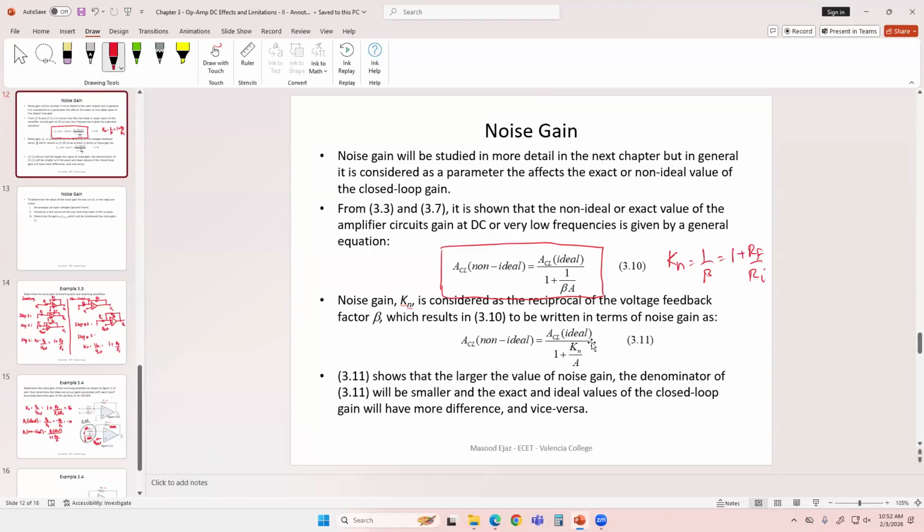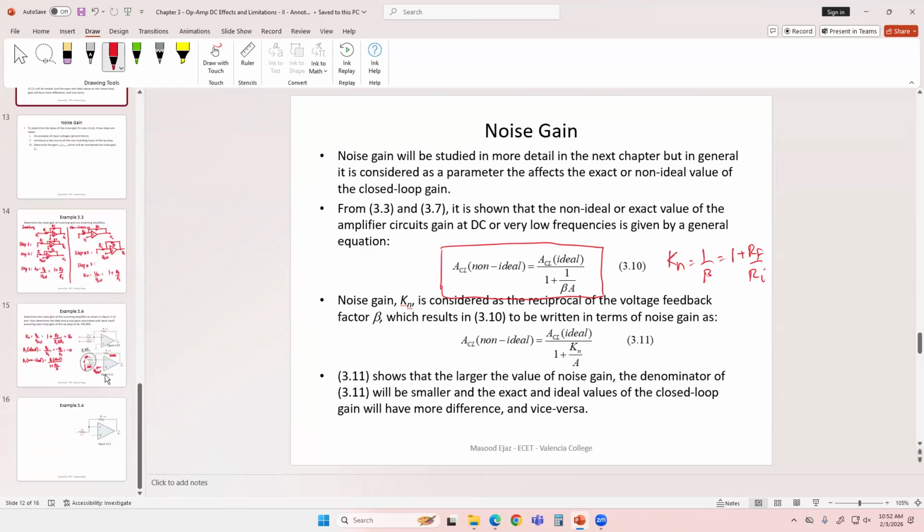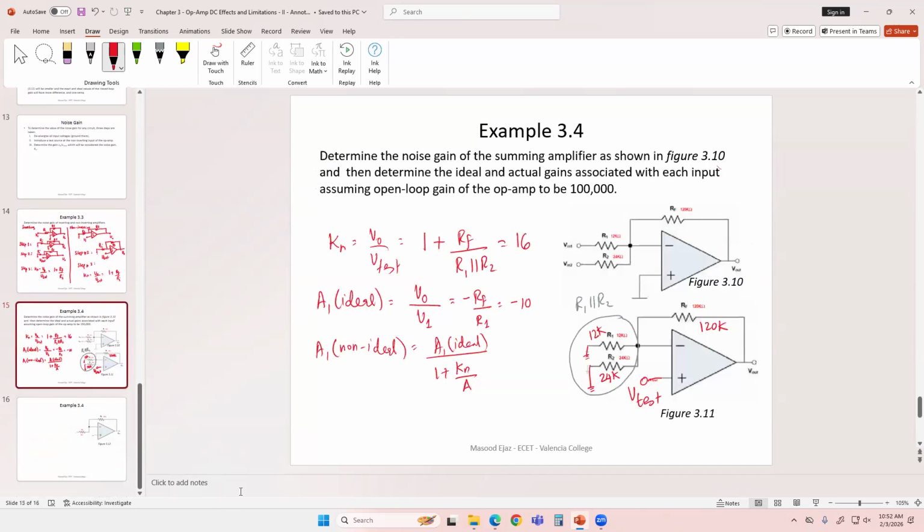ACL non-ideal is equal to ACL ideal over 1 plus Kn over A. So ACL ideal is -10 and Kn is 16. 1 plus 16 over 100,000. 16 over 100,000, of course, is pretty much 0. So I would just say that this is equivalent to -10.